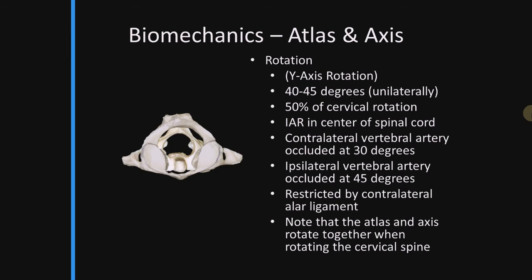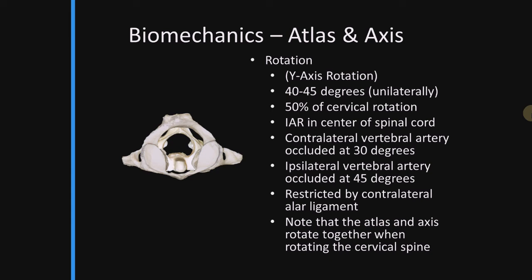When looking at the C1 and C2 rotational correlations, once again we're looking up the y-axis of rotation. There can be between 40 to 45 degrees of rotation between the C1 and C2 vertebrae, which comprises about 50% of cervical rotation. The IAR, previously thought to rotate around the dens, is actually rotating around the spinal cord.